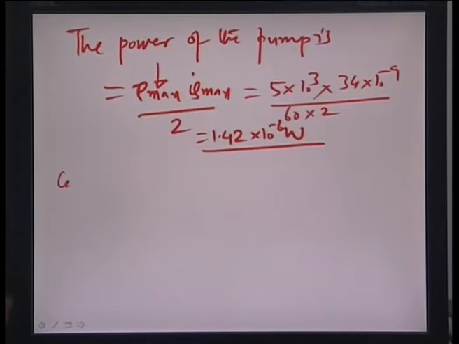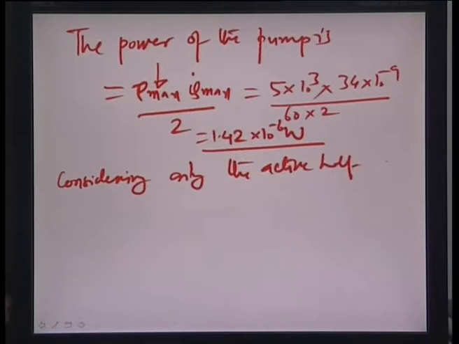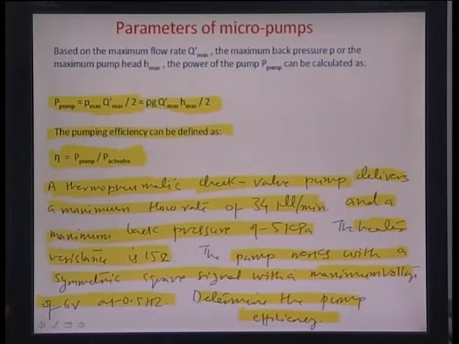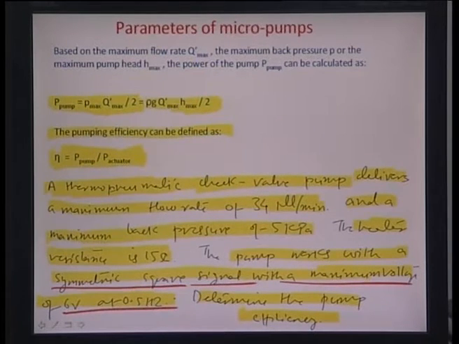So, considering only the active half of the drive signal, the dielectric power. Basically, what it is saying is that you have a square wave or a square signal to operate with a maximum voltage of 6 volts at 0.5 hertz, which means that for the other half cycle the power is switched off to 0.